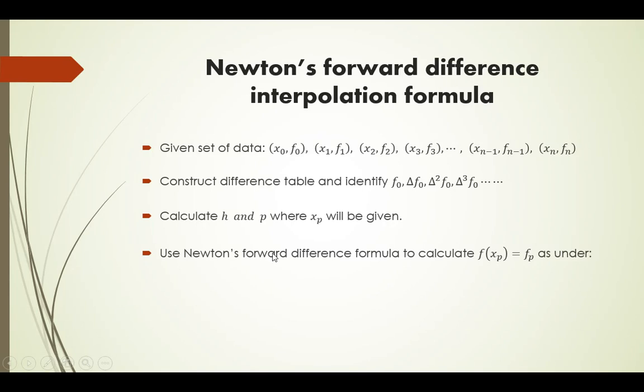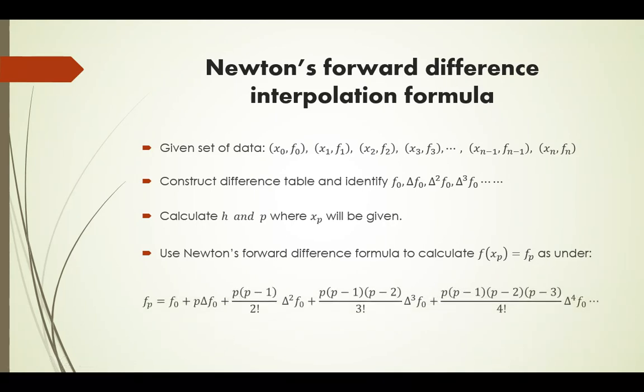So what is Newton's forward difference formula? This formula is this one. F of p, fp, or you can say f of xp, is equal to f naught plus p, which we have calculated right here, delta f naught, which we have observed from there, then p into p minus 1 by 2 factorial, second difference of f naught, then p into p minus 1, p minus 2 by 3 factorial.